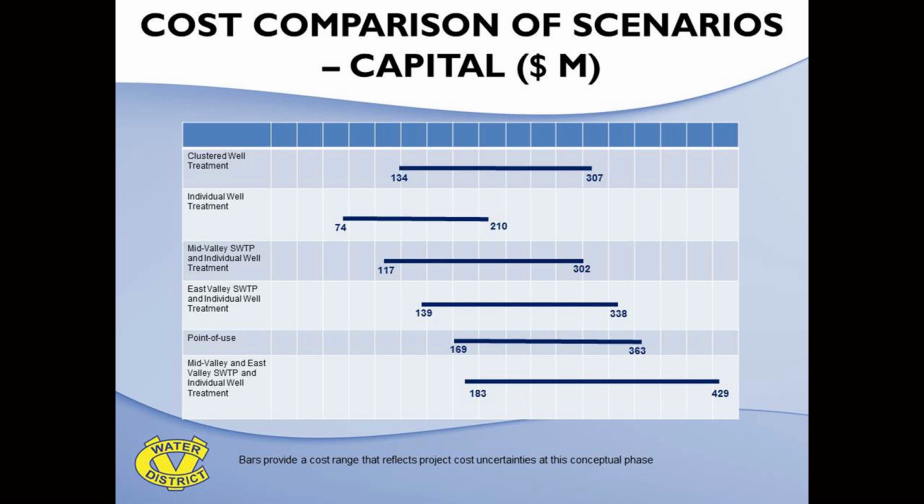For all these options, the capital costs range at the low end from $74 million all the way up to $183 million. And then, of course, the high end for this last option goes all the way up to $429 million.